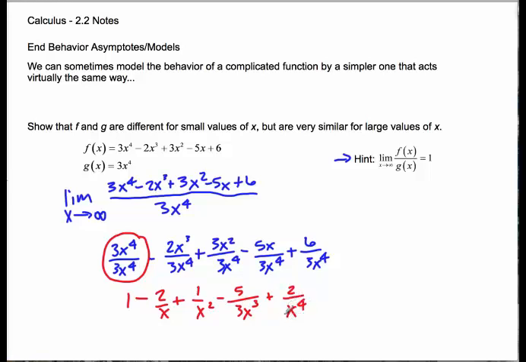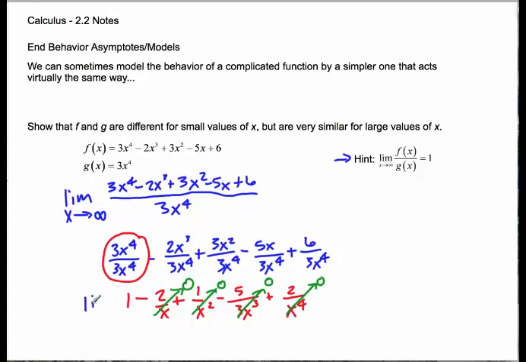Okay, so then when we look at these things, what ends up happening is all of these values tend towards 0, because the top now never changes and the bottom is growing larger. So anytime that happens, you're going to have a 0 for your limit.